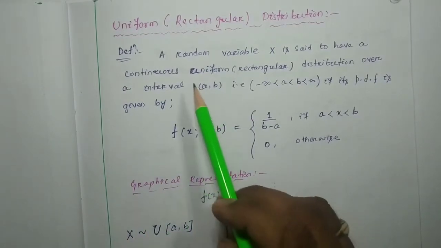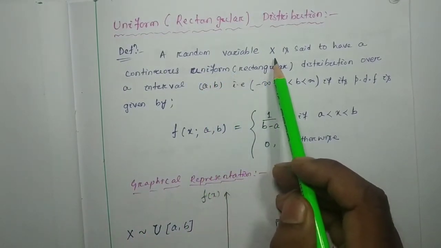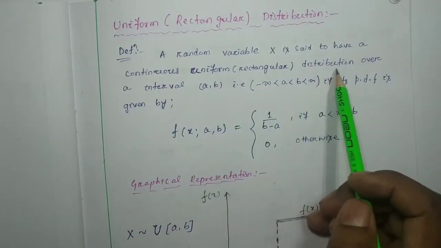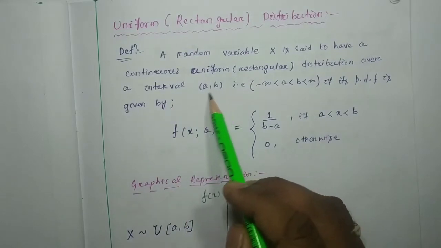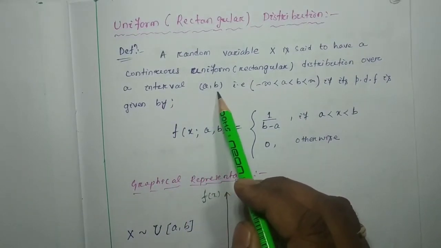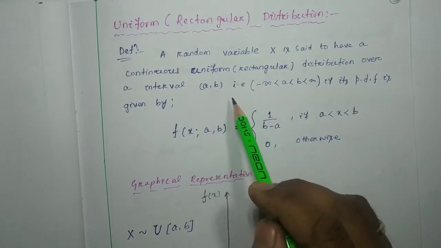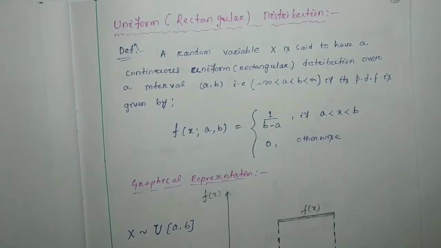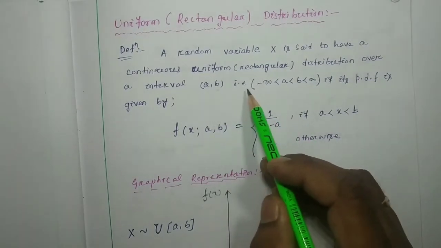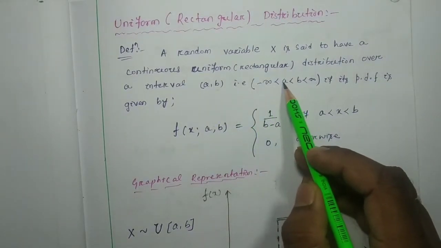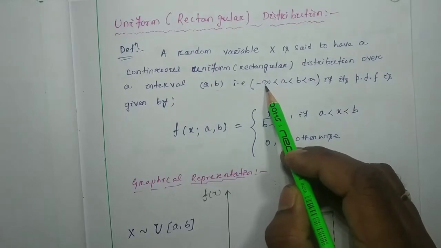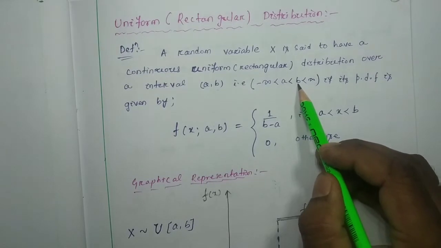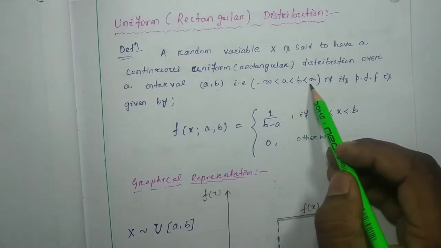A random variable x is said to have a continuous uniform or rectangular distribution over an interval (a, b), where a is greater than minus infinity, a is less than b, and b is less than plus infinity.